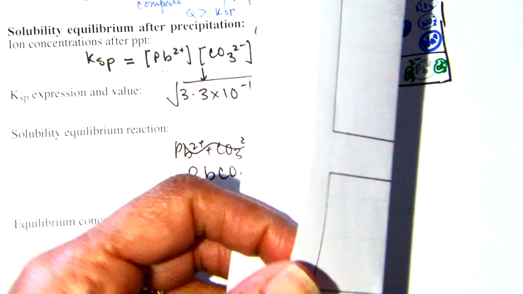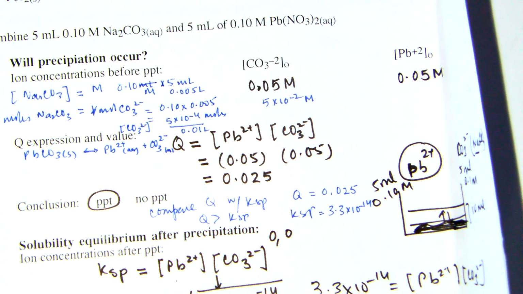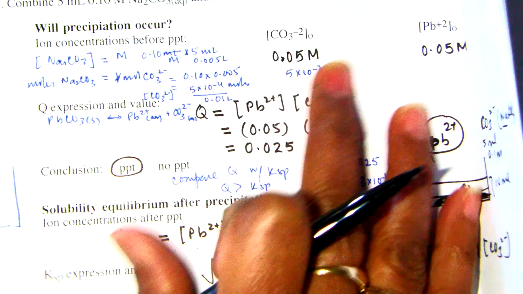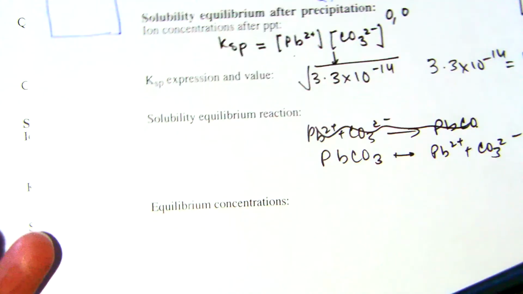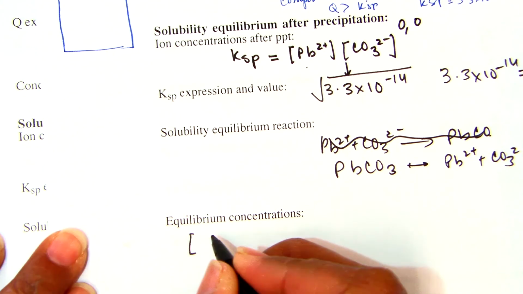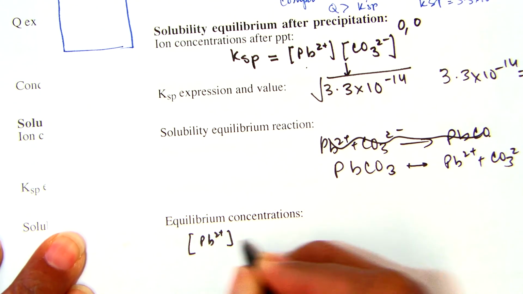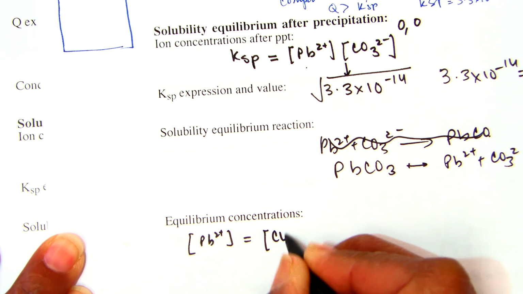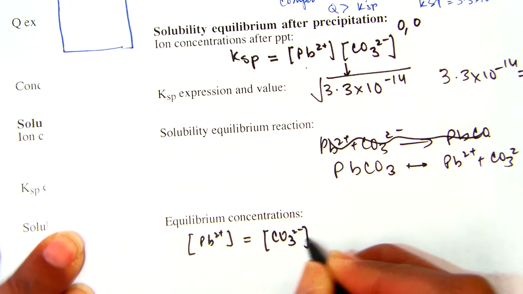Where's my calculator when you need it? Here we go. So equilibrium, oh, I think I have it. Yep, found it. So the equilibrium concentration of lead ion, remember this is determined by Ksp, and carbonate is 1.82 times 10 power negative 7 molarity.